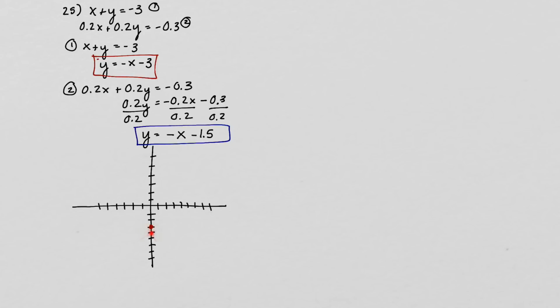So we're going to go down 1, right 1, down 1, right 1 to keep getting our points. That's probably enough for me to get a decent looking line here. So our line's going to look something like that.